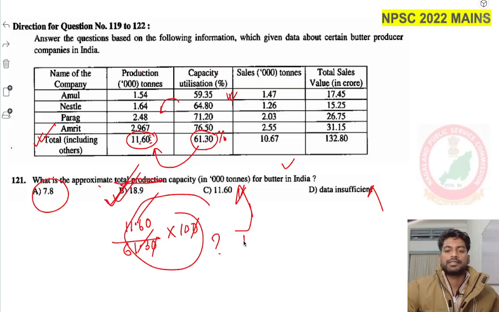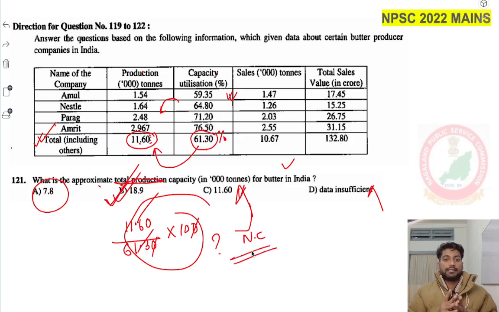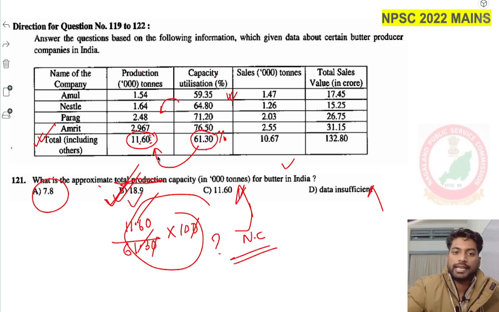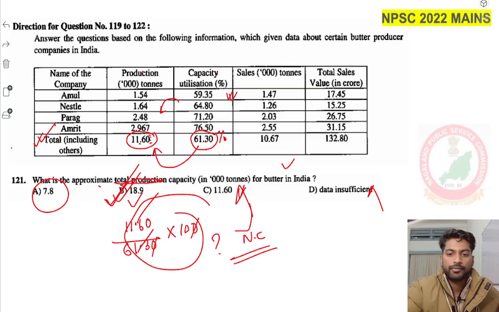So no calculation. Okay, did you understand? There was no data insufficiency, there is sufficient data. 11.60 is not possible, and 7.8 how will it be possible because it's already 11.60. So this will be your answer. If you calculate, you will get the exact same result.